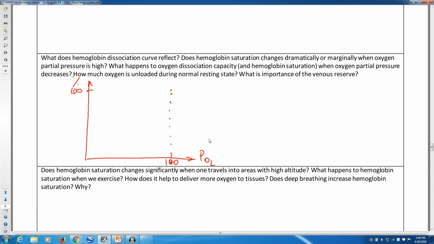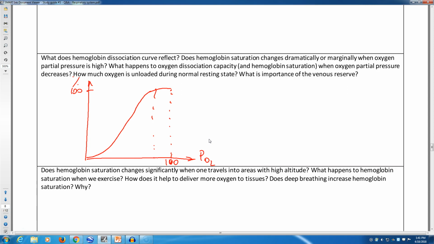Now, if you start in that high partial pressure of oxygen area, like here, that's going to be, say, 80. In that area, if you decrease oxygen partial pressure, saturation doesn't change much. So we have this shape, right? And then as the oxygen partial pressure decreases, the saturation that corresponds to that pressure decreases, right? Something like that.